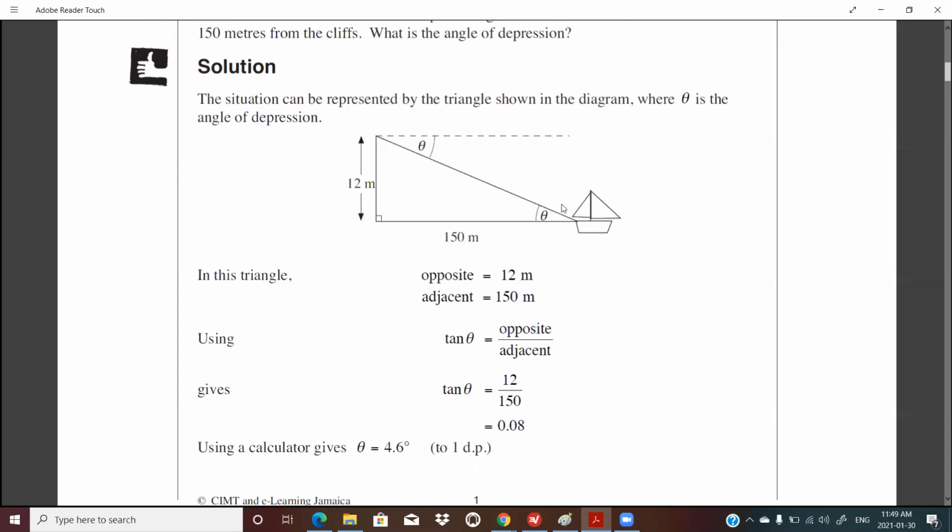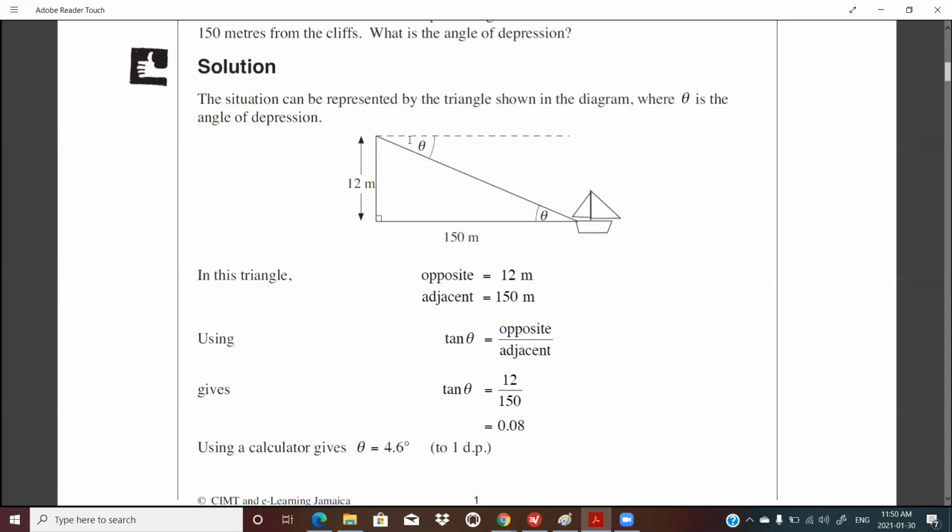So relating adjacent and opposite, of course that is tan, opposite over adjacent, right? Now, some people use the Z angle thing: if I can find this angle, then this angle and this angle are the same thing. So either way you can think about it, but you use tan of the angle equals opposite over adjacent, 12 over 150.